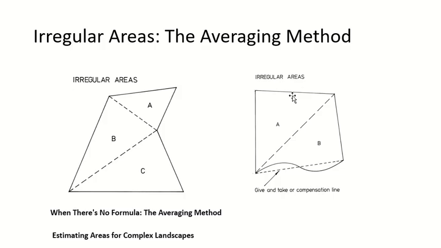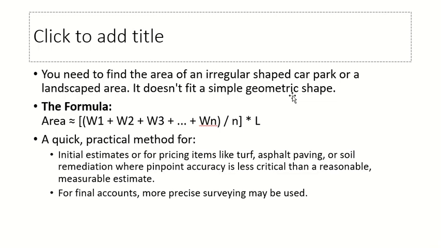In those cases we use what we call the average method. Maybe you have already seen it in surveying. For example, an irregular shaped car park beside the road, going up and down.